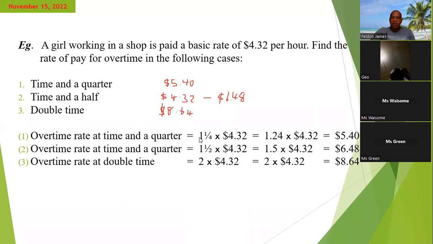If it's time and a quarter, it means that you're multiplying $4.32 by 1 1/4, which is a mixed number, and you can convert that into what we call an improper fraction. So we would multiply 4 times 1 plus 1, that gives you 5/4. So you'd have 5/4 for the time and a quarter, and then you multiply that by the basic rate.